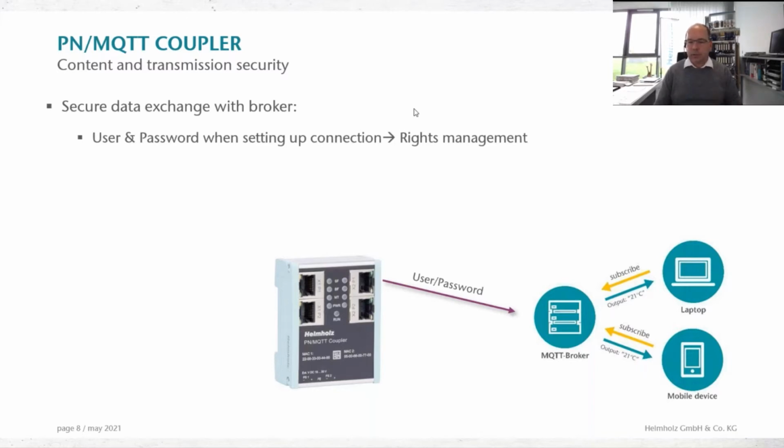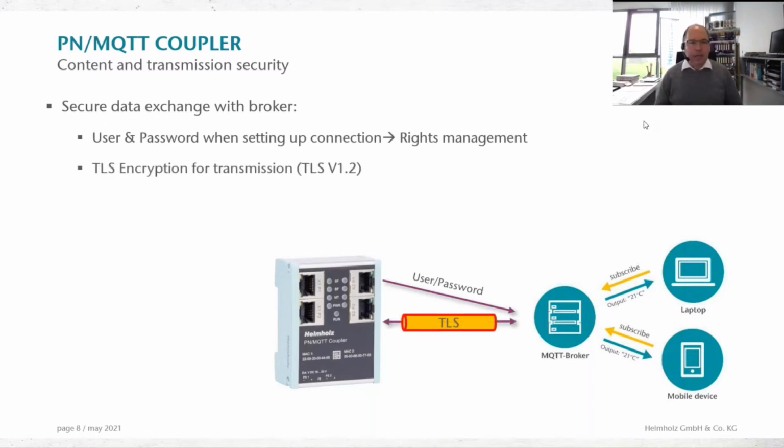So the MQTT broker can be configured to see if a special user is logging in and wants to subscribe or wants to send publish data to the broker. The broker knows if this user is allowed to do this on this level.